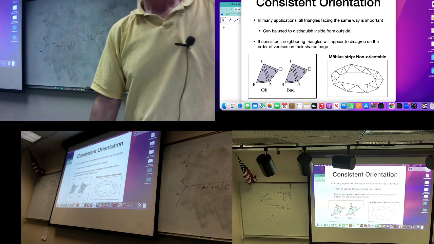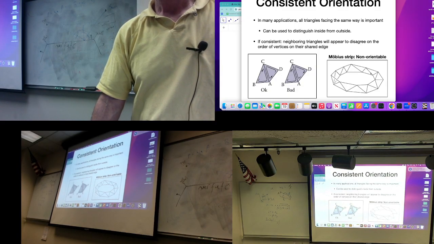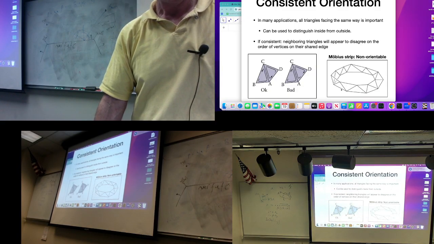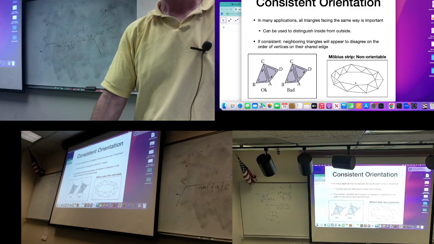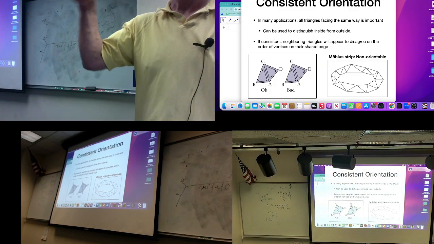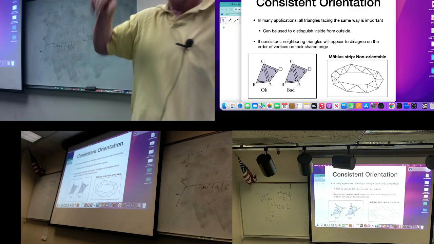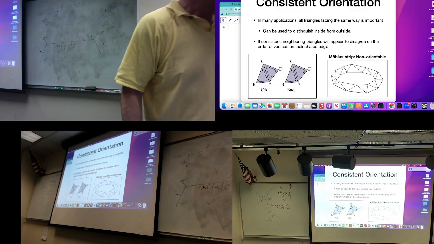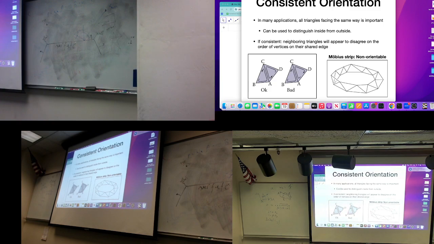And now you can ask a more interesting theoretical question. We talked about what the outside part is. Outside for each triangle is the direction in which you see the vertices in the right order.